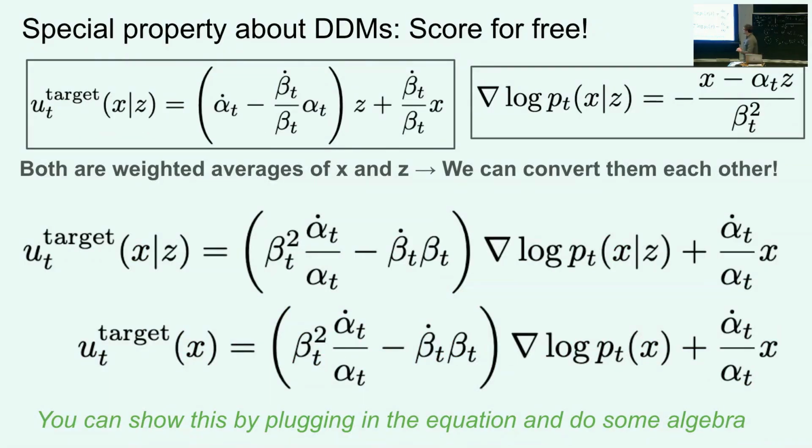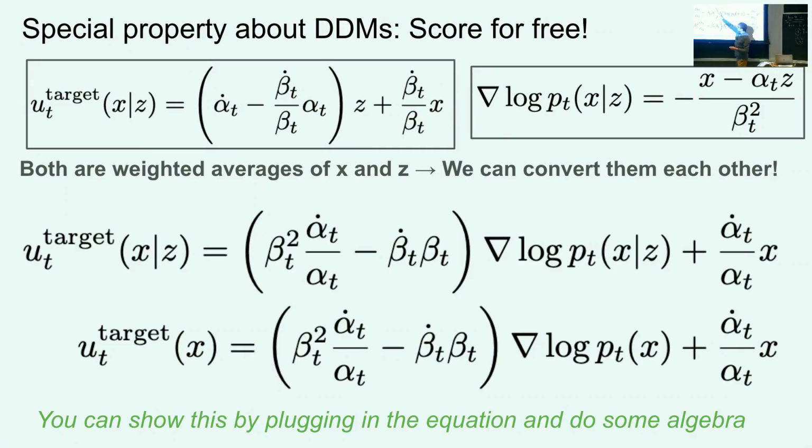All right, so what's a special property about these denoising diffusion models? That's the last theoretical thing for today that we need to realize. And thank you, Cole, for bringing this up. So let's look at the conditional vector field and the conditional score again, and make a very simple observation. They're both averages of Z and X, somehow weighted, right?